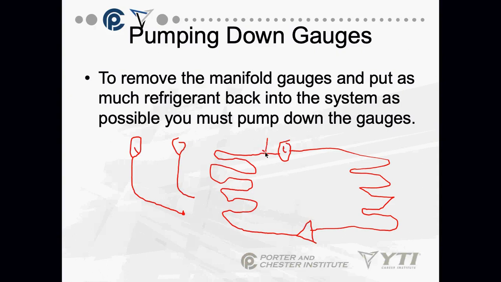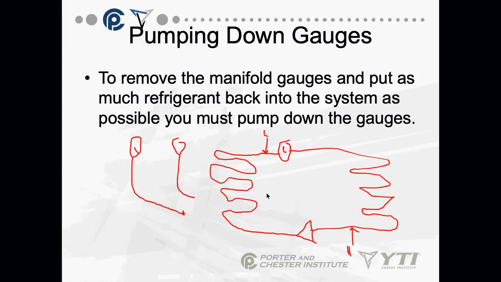In most split systems, in most air conditioning, your low side gauge is going to go there, and your high side gauge is going to go here. So thinking about your gauges, what is the state of refrigerant that is in your low side hose? Vapor. Okay. What is the state of refrigerant that is in your high side hose?